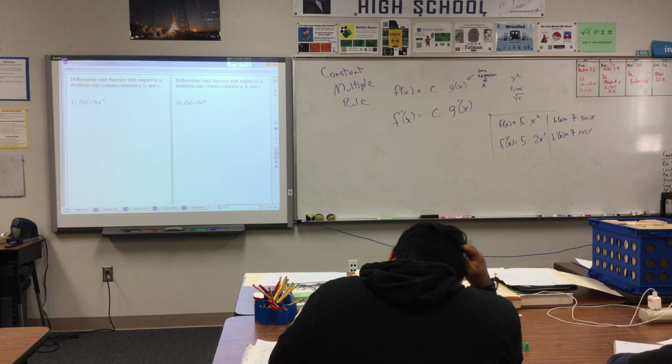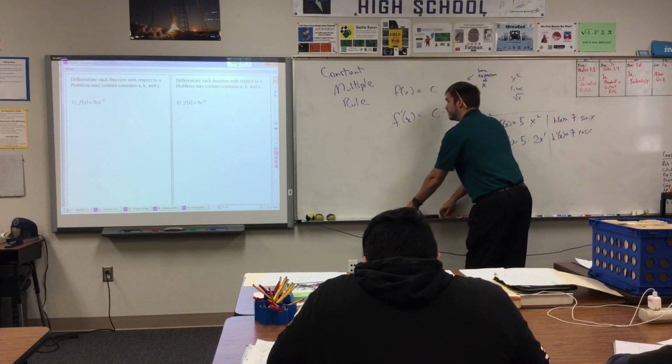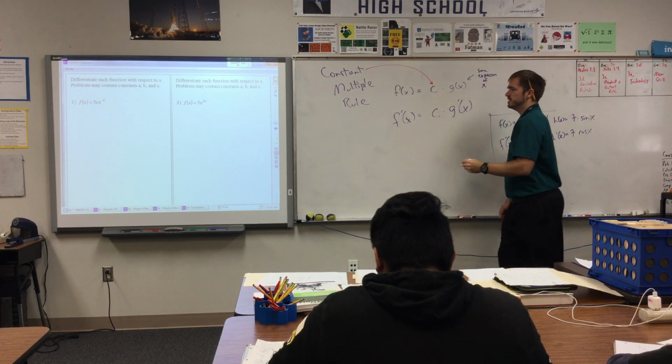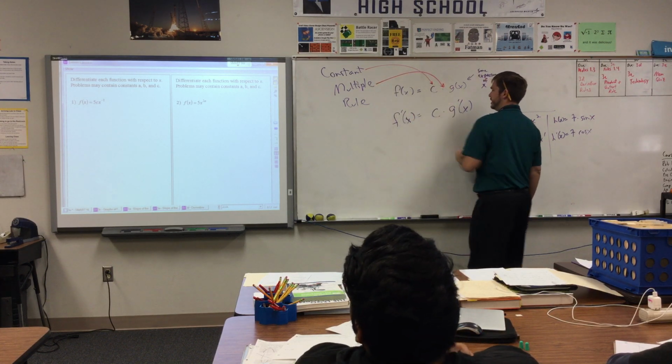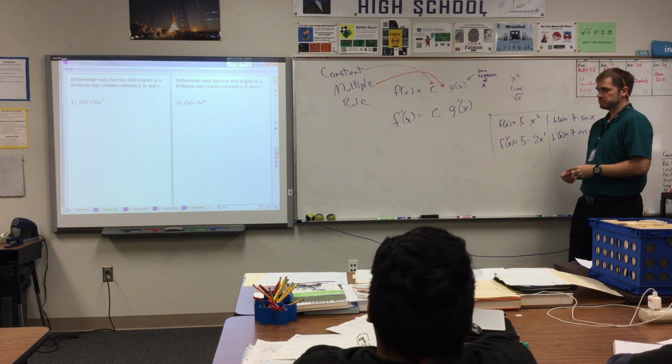That's the constant multiple rule. It's called constant because this is a constant. It's called multiple because we're multiplying. And it's called a rule because it's a rule.